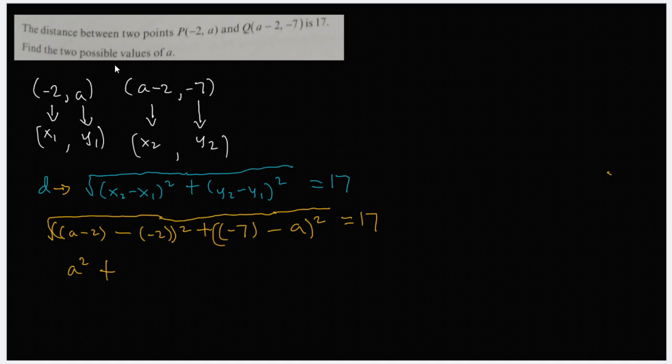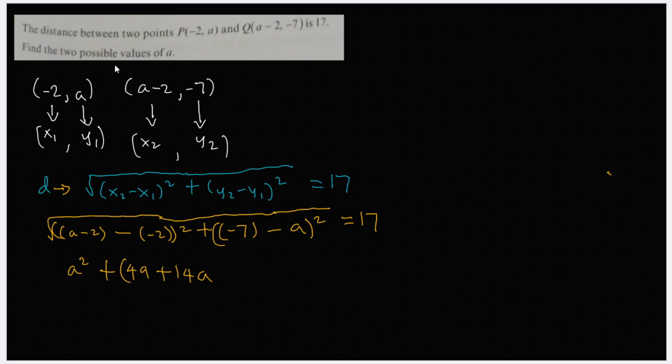We can expand this. We're going to have 49, the square of negative 7, plus 14a. How did we get 14a? This is a binomial, so that would be 2 times the first term times the second term to get the middle term. That's why we have 14a. Let's put parentheses here to emphasize that this is the second part.